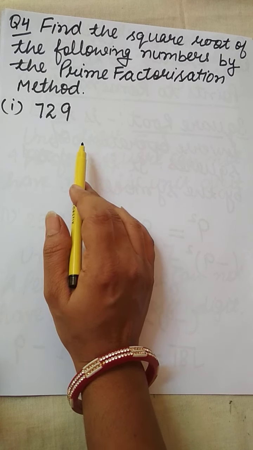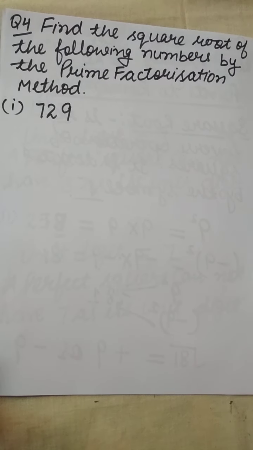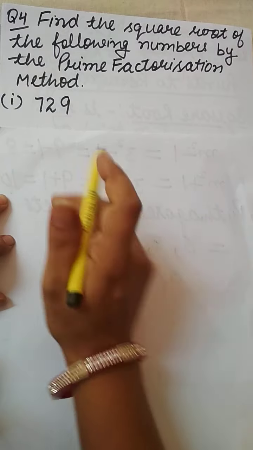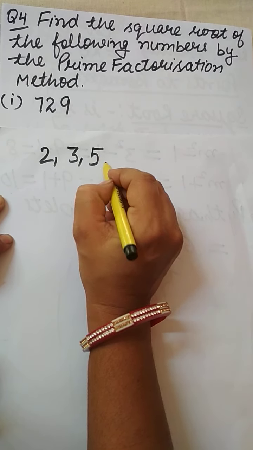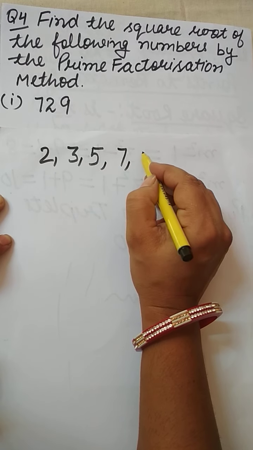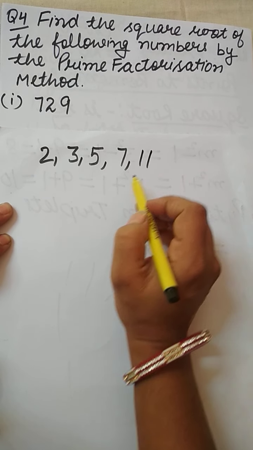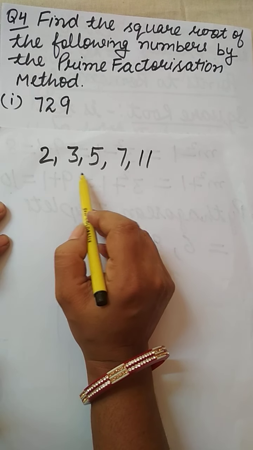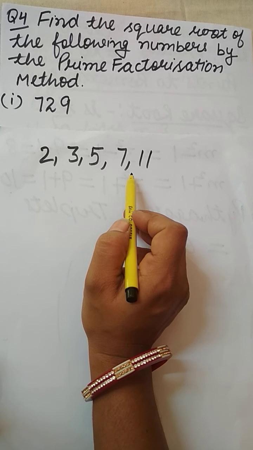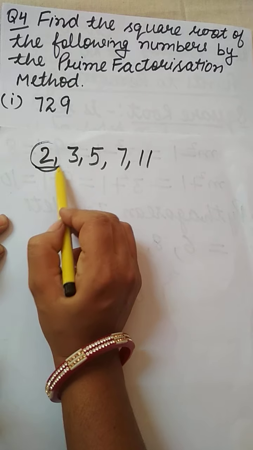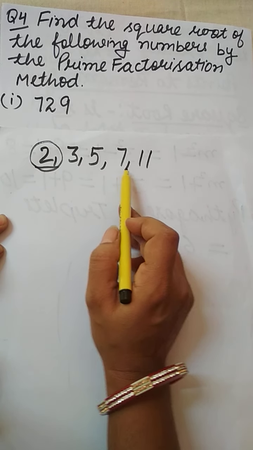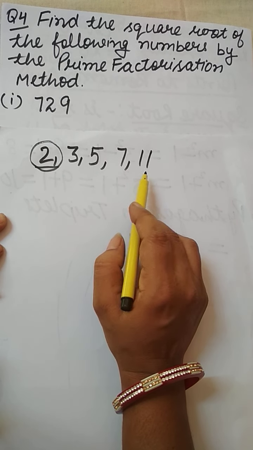As we know that the prime numbers are 2, 3, 5, 7, 11. Prime numbers are basically the numbers which are divisible by themselves only. 2 is the only even prime number. Then after that all are odd numbers.